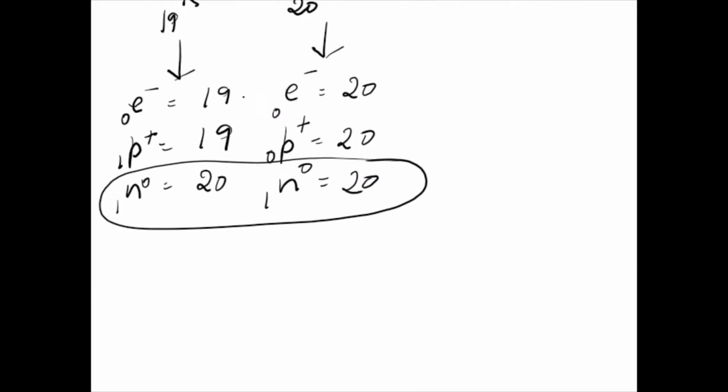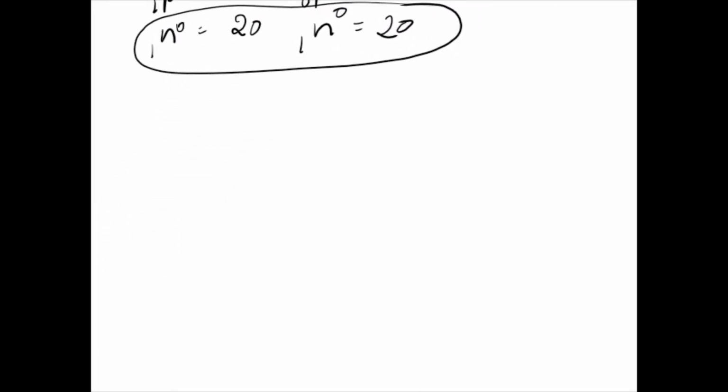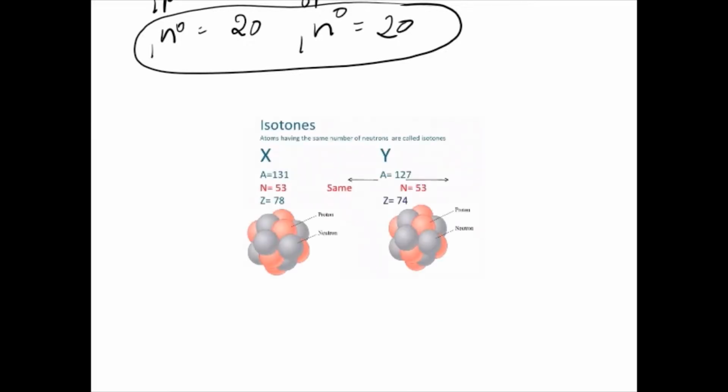Okay. So this is another example of isotone. Atoms having same number of neutrons are called isotones.